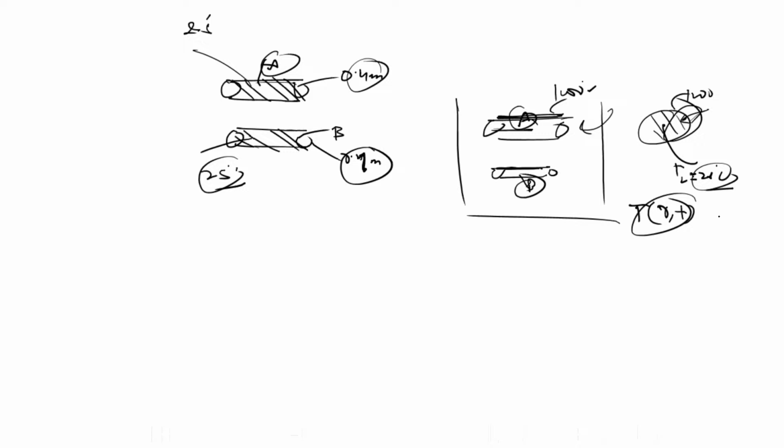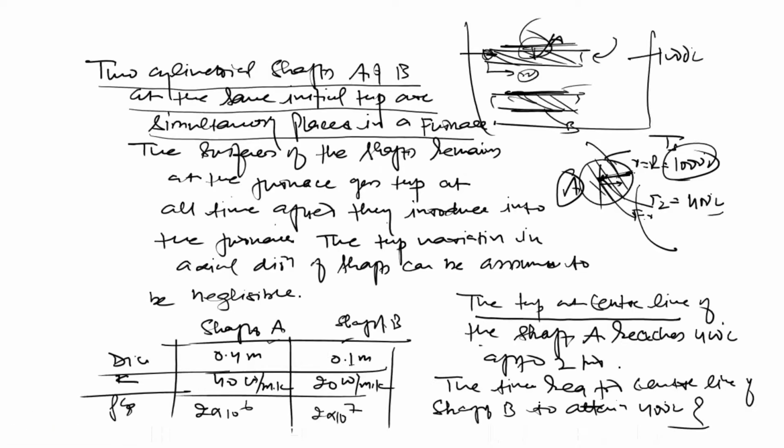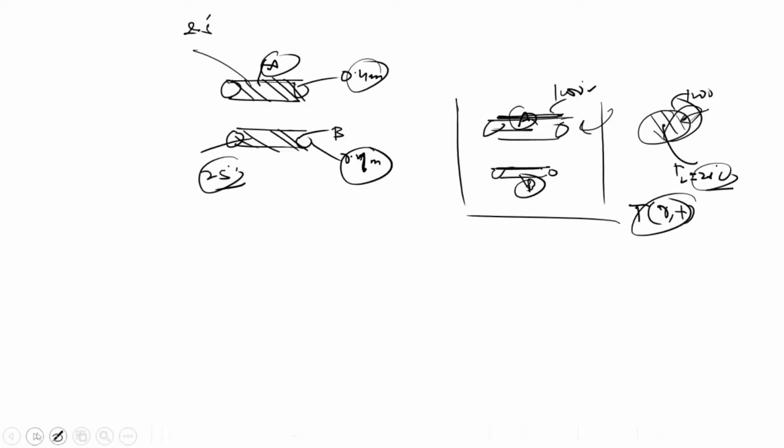So the question is how much time it will take. Suppose it takes 2 hours. After 2 hours, the temperature at the center of shaft A has changed from 25 degrees Celsius to 400 degrees Celsius.